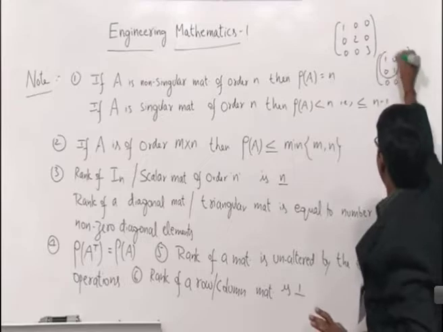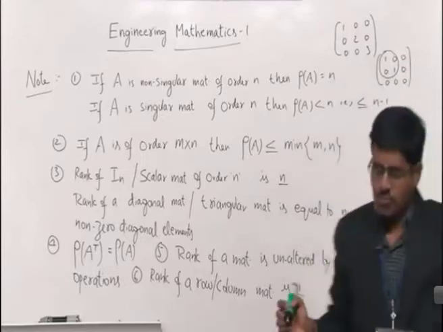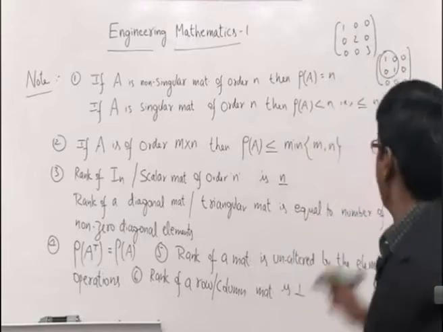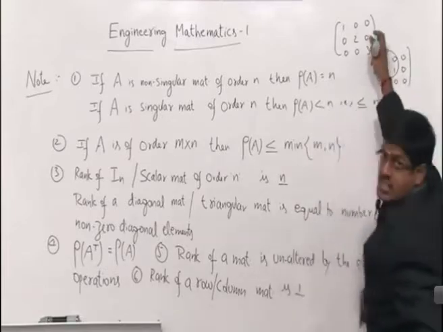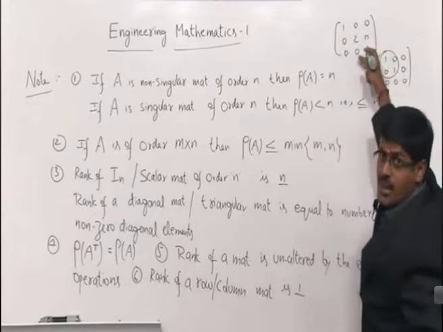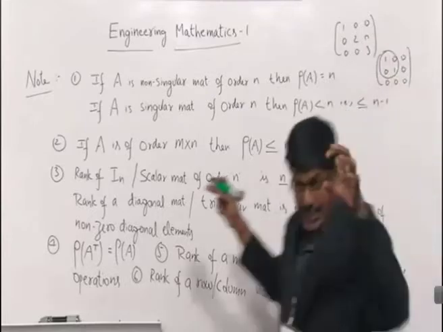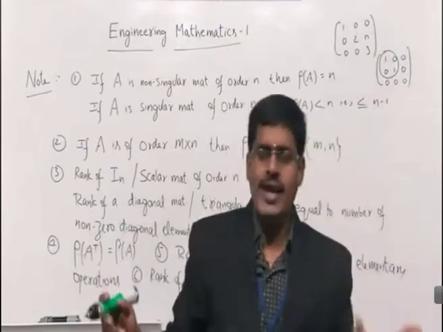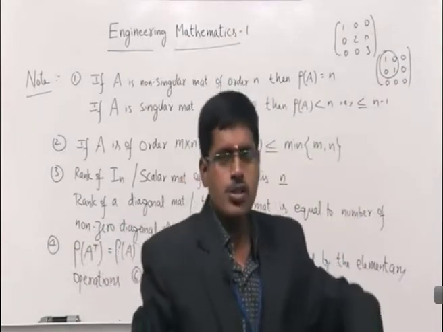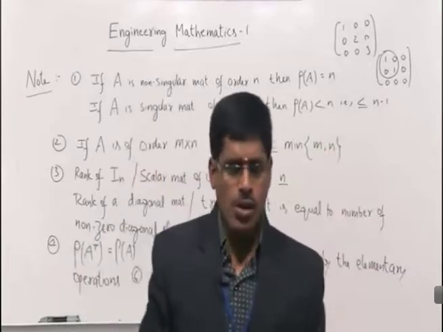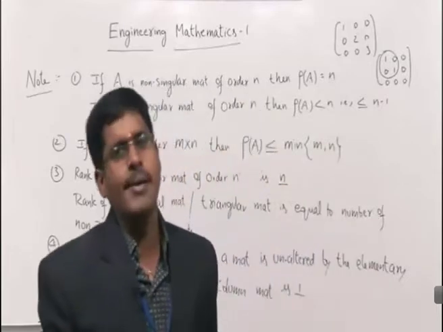Now there is a 2 by 2 submatrix 1 0, 0 1 whose determinant value is not equal to 0. That's why the rank of this diagonal matrix is 2 and of the earlier matrix is 3. Here 3 non-zero diagonal elements, so the rank is 3. Here 2 non-zero diagonal elements in a diagonal matrix, so the rank is 2. Similarly, it is also true for upper triangular as well as lower triangular. The number of non-zero diagonal elements is the rank of the matrix.